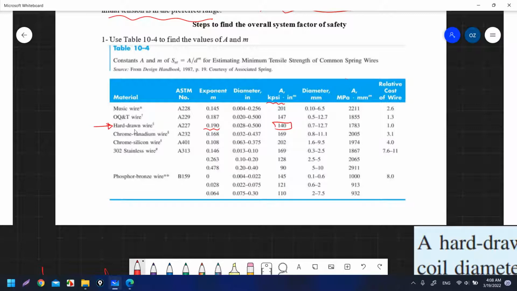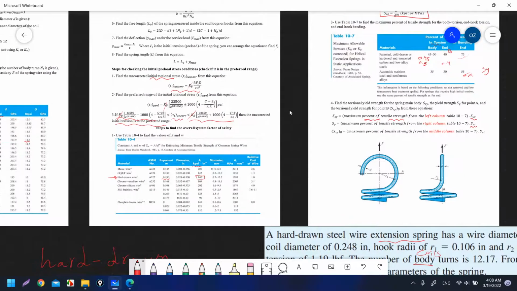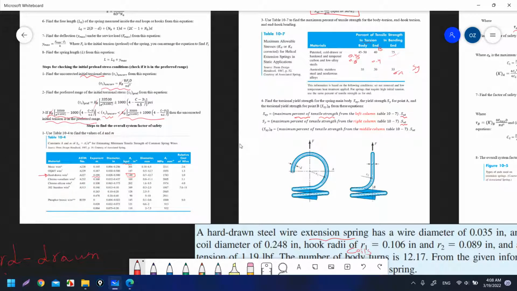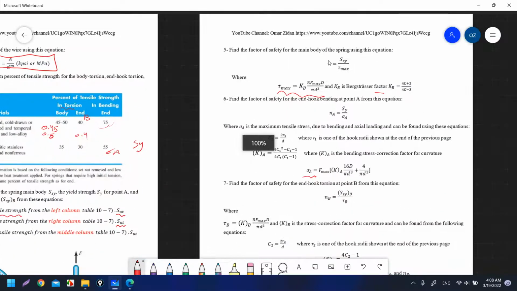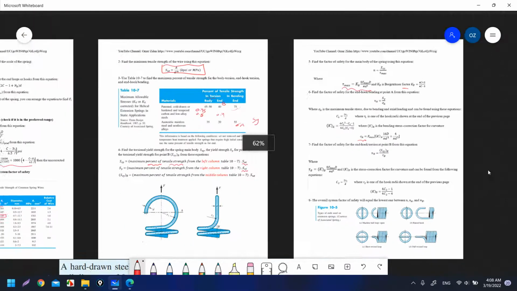So let's find the ultimate tensile strength, SUT. Then we can calculate SSY, SSYB. Then we can use this equation to find the factor of safety, our requirement in the question. To find them, we have to calculate tau max from this equation, sigma A from this equation, and tau B from this equation.